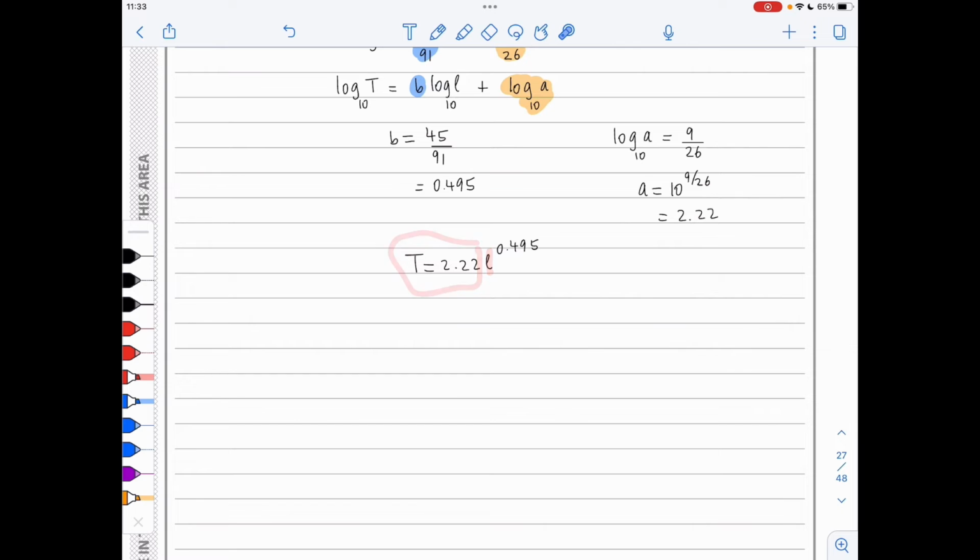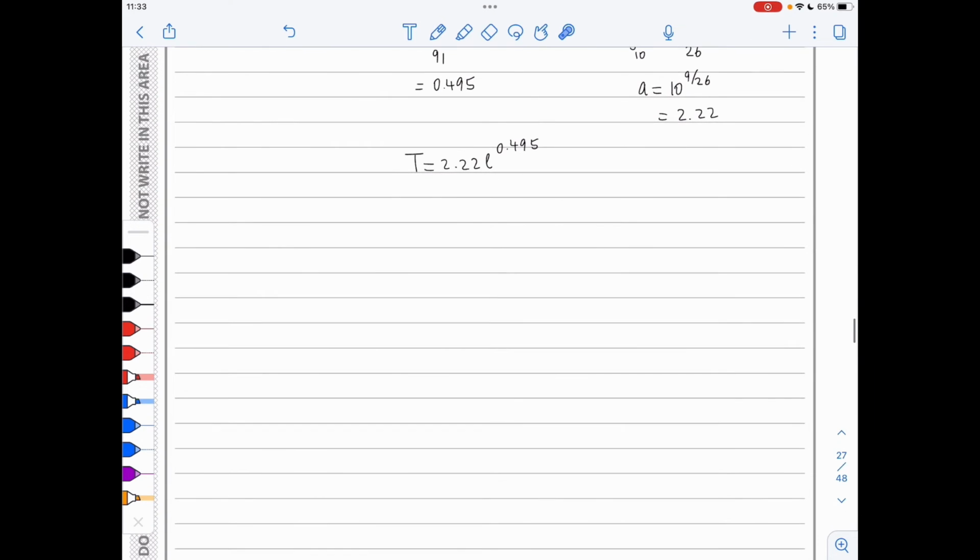If L is 1, this means that the length of the pendulum is just a meter. So we can simply say that when the length of the pendulum is a meter, then the time to complete one swing is 2.22 seconds.